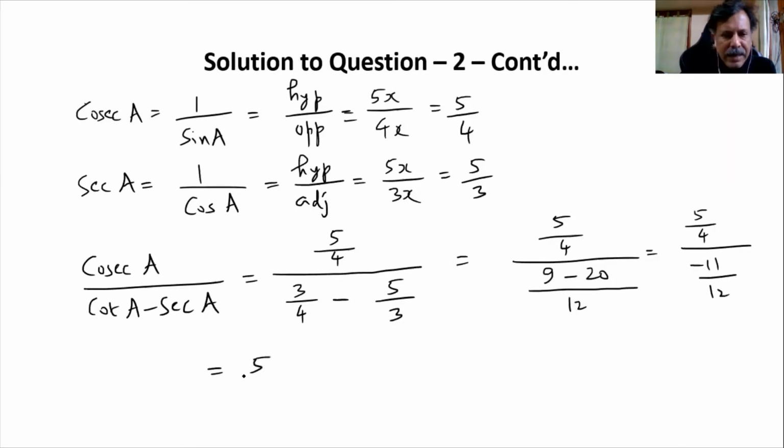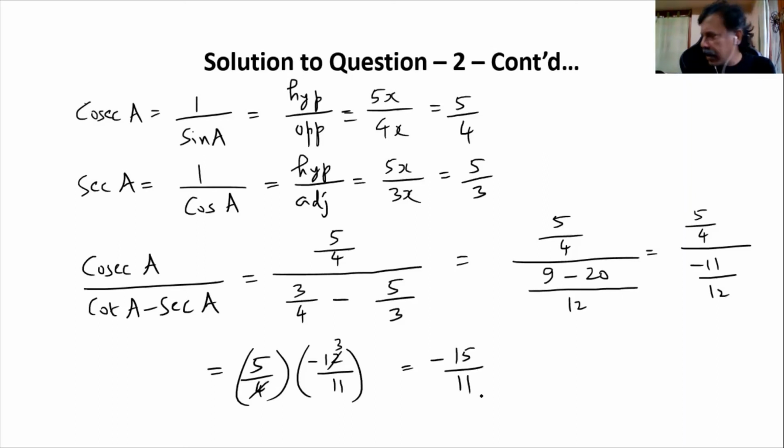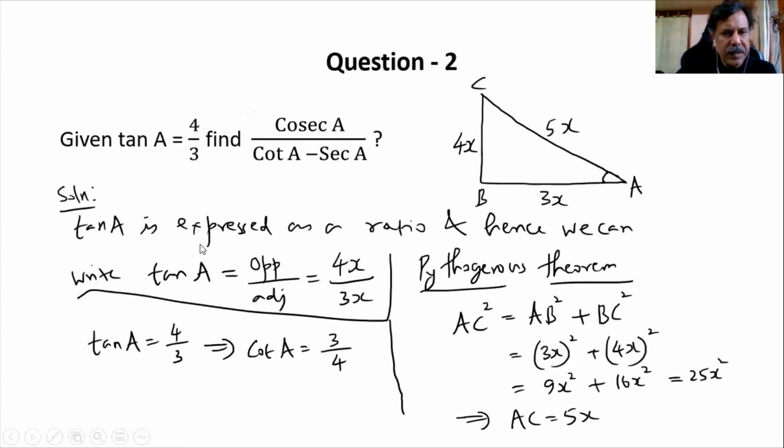Or I can write it as 5 by 4 multiplied by the reciprocal of the denominator, minus 12 by 11. This goes with this 3 times. That means the result will be minus 15 by 11. So that will be the result of this particular question.